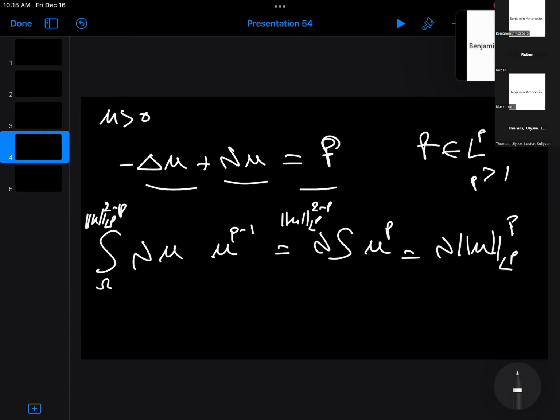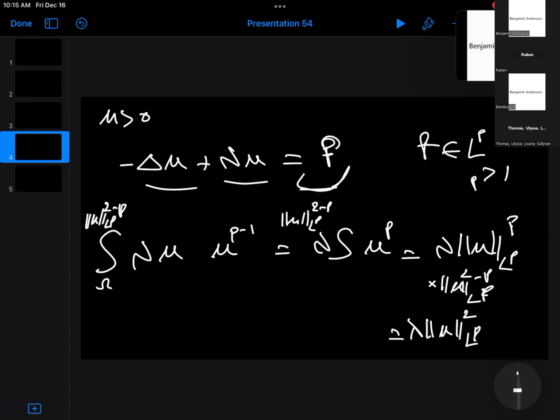And here. So you get exactly lambda times the norm of U in LP squared. Good.